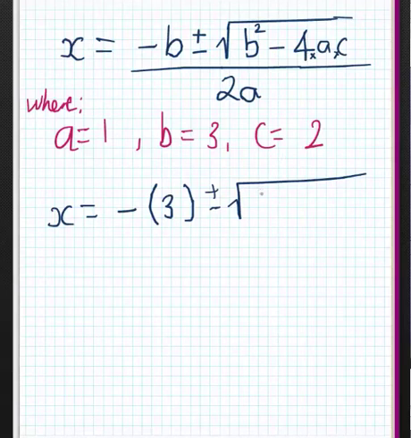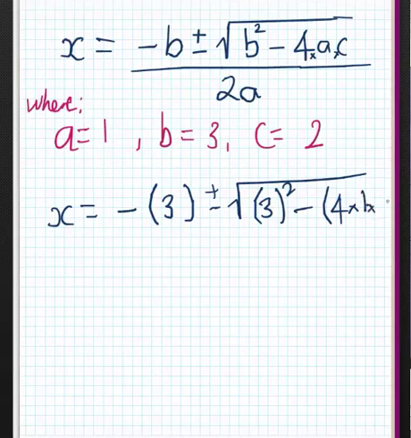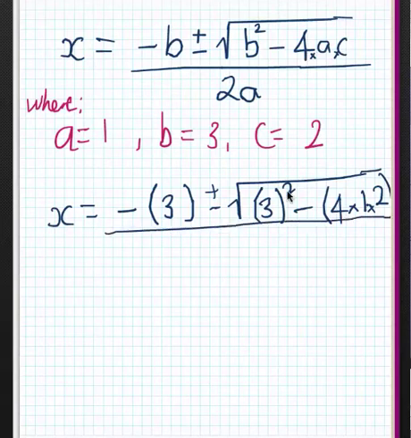So b squared, b once again is a positive 3 squared, minus 4 times a times c. 4 times a, what's a? a is 1, times c, and c is 2. We'll just squeeze it in there. Sorry, it's a bit messy. All over 2 times a, and a is 1.